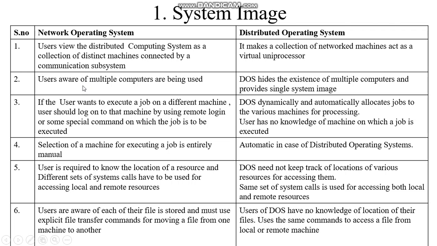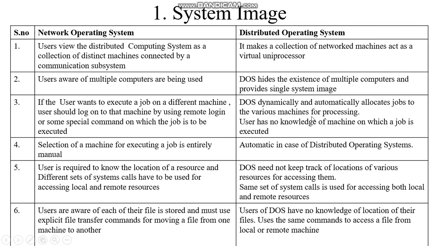In a distributed environment with the network operating system, users are aware of multiple computers being used, but the distributed operating system provides the user with a single system image. They don't know about the existence of multiple computers in their environment. In a network operating system, if a user wants to execute a job on a different machine, the user has to log on to that machine using some commands.